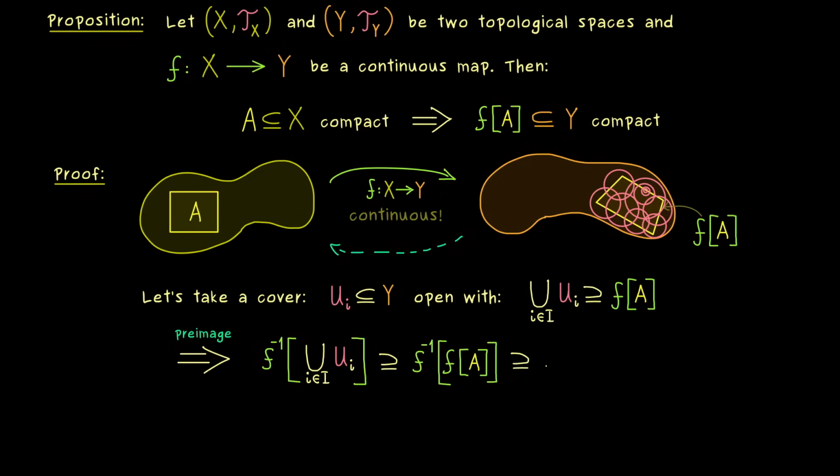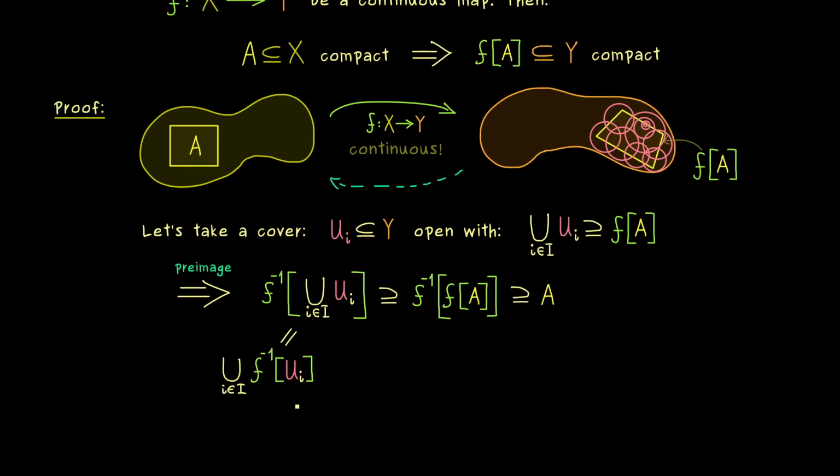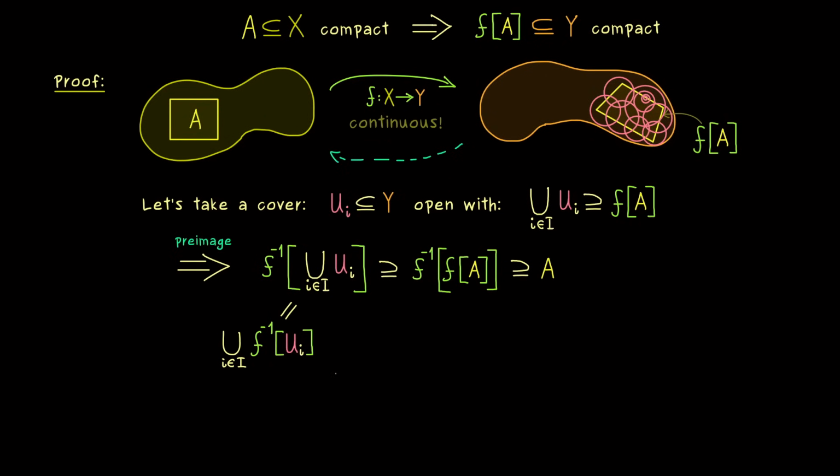And as we have discussed immediately before that, this is always a superset of our set A. So we already have the set A on the right hand side, and on the left hand side, we can pull out the union symbol. There we actually have an equality, but the important result is that this is a superset of A itself. And moreover, by the continuity of f, we also know that these are open sets in X.